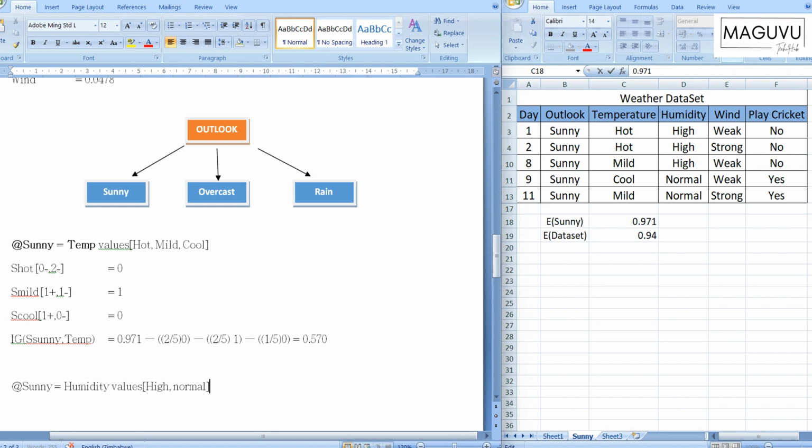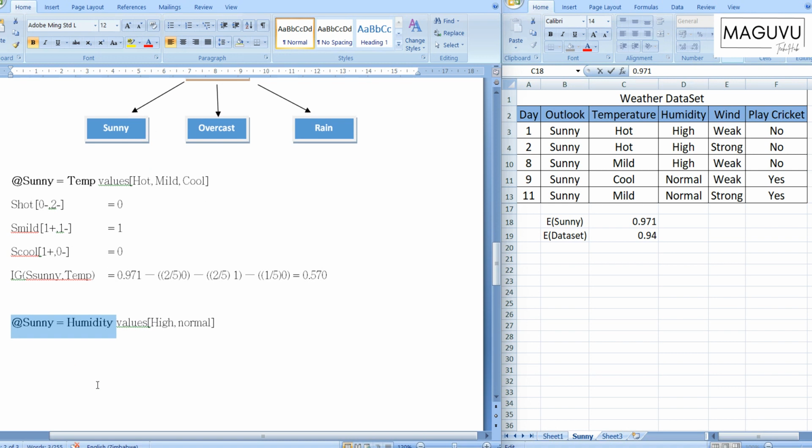So let's just give that a bold for presentation. And we want to calculate the entropy of high. We also want to do the entropy of normal with its representation. So let's start with the high and see what we find.